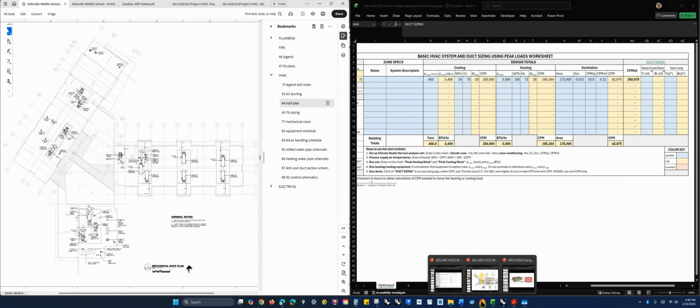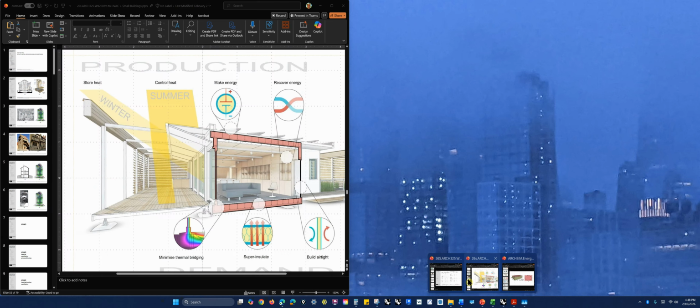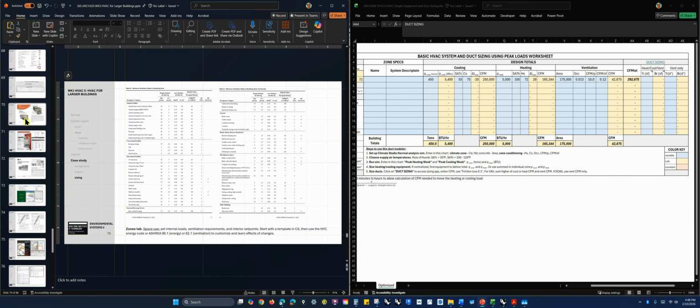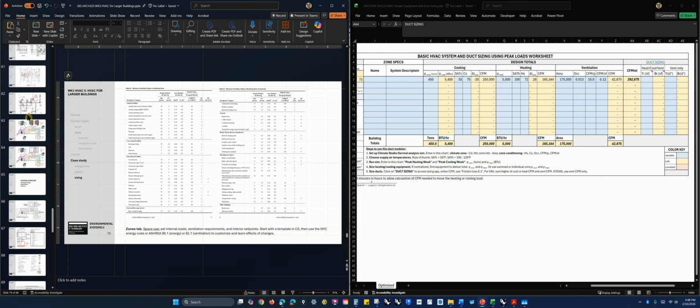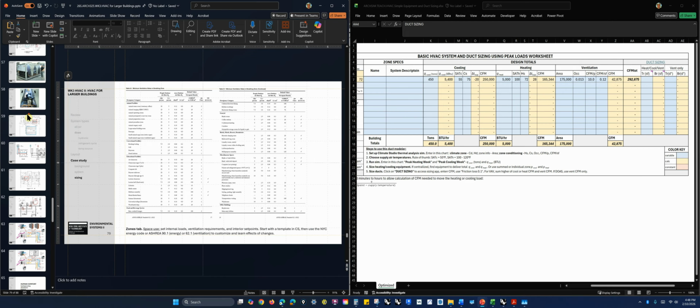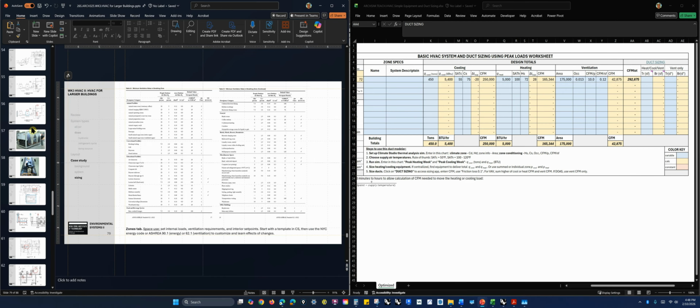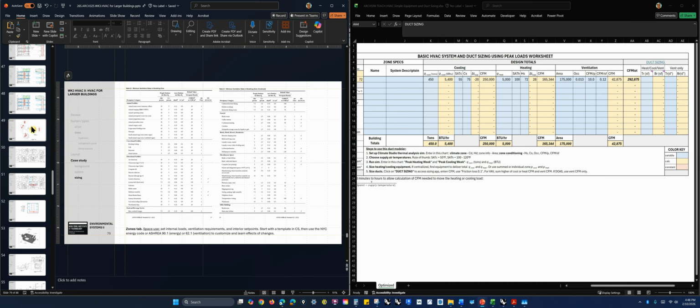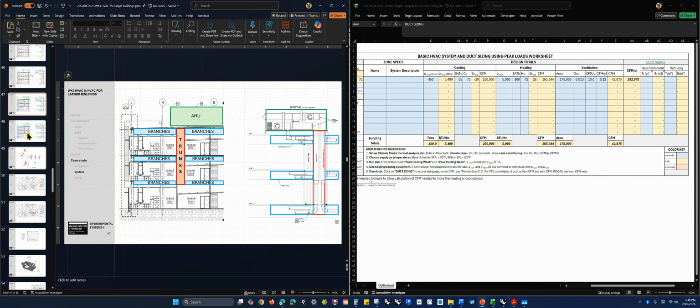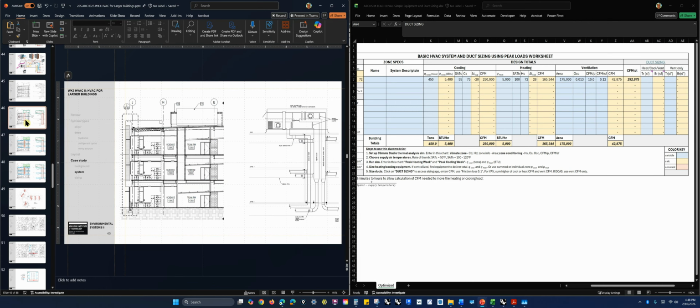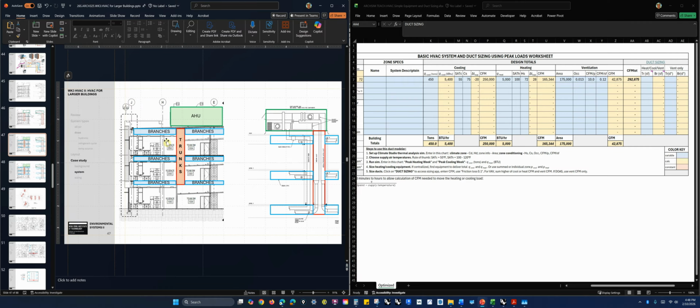So if we go back into our little summary in the slides, this is from the drawings, right? We were saying that we have this layout here where we've got the AHU on the roof, branch and supply ducts coming down. Trunk ducts, which is supply and returns, coming down in this chase, and then they're branching off.